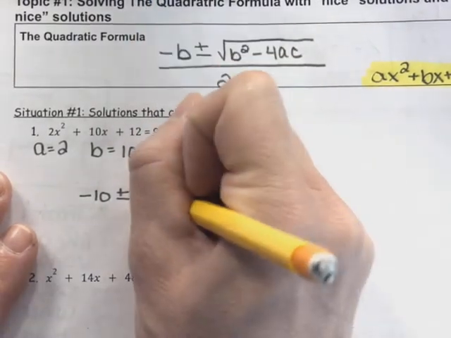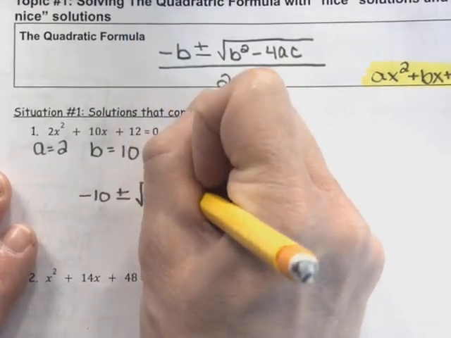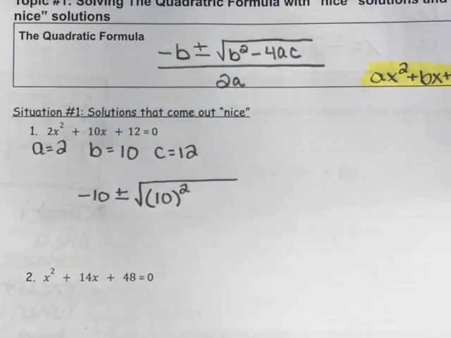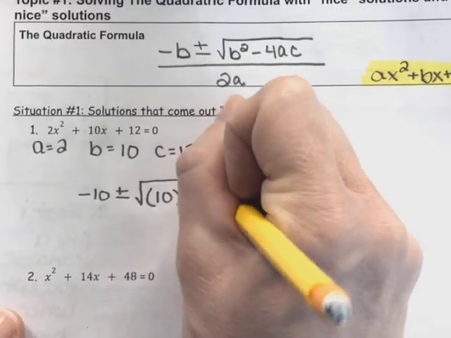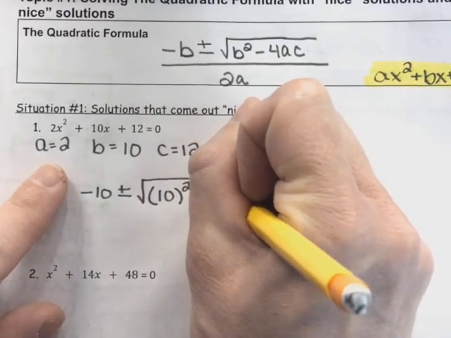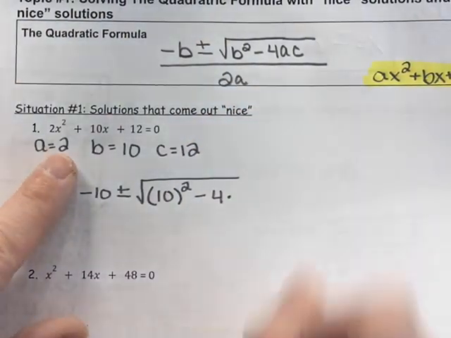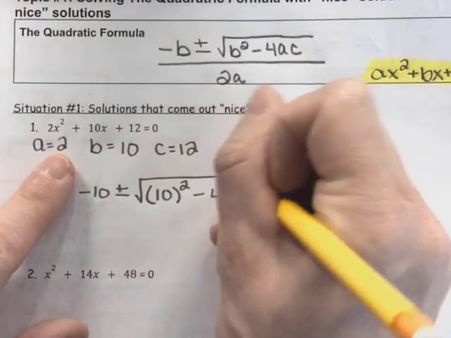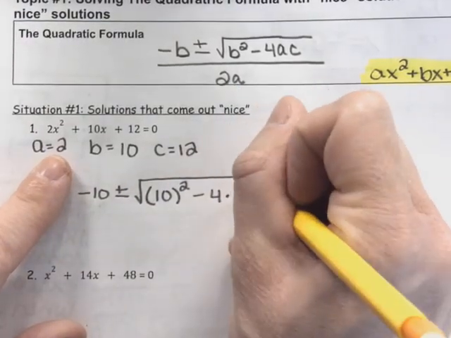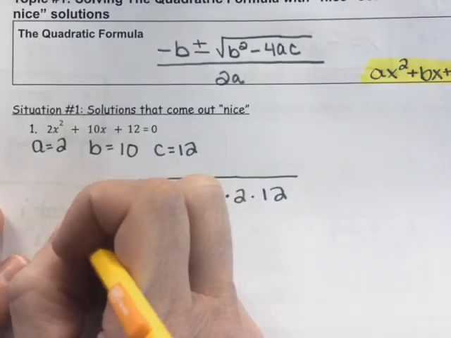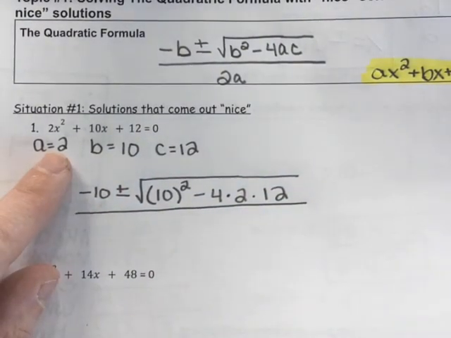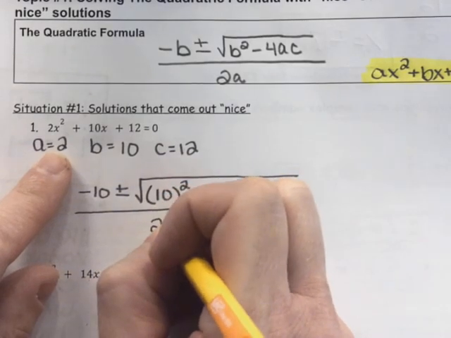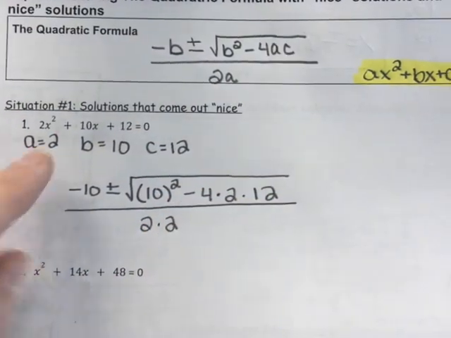So we've got b squared, so here is 10 squared, minus 4 times a. What's my a value? 2. Times c. What's my c value? 12. All over 2 times a. So 2 times 2.